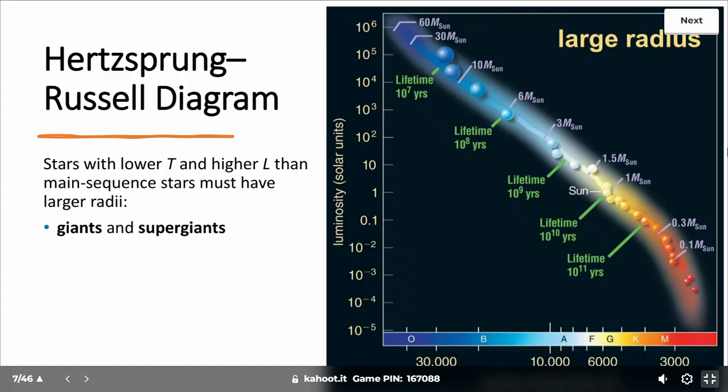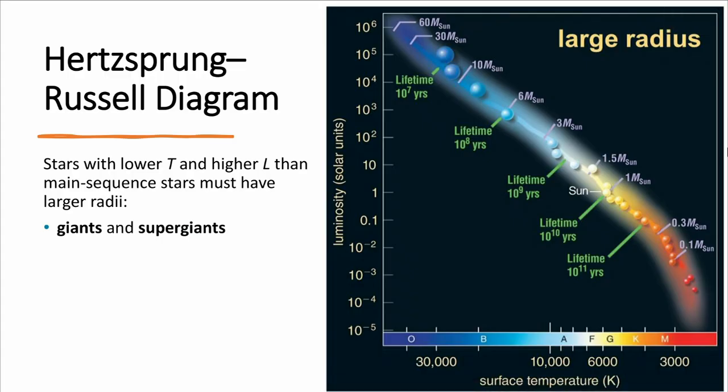If you're up and to the right of the main sequence, then you have a large radius for your star, or you have a low temperature, but you have a lot of luminosity.